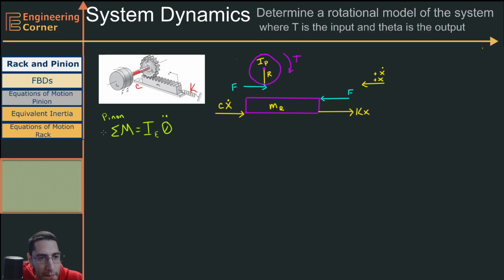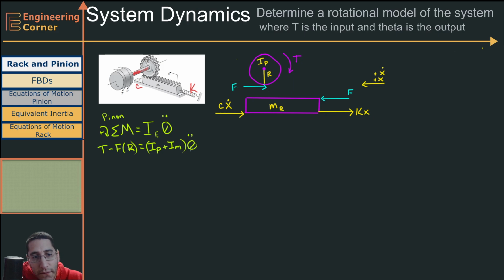And what's my moment? Let's say this is going to be some torque of T, and then minus F times whatever that radius, r, is, is going to be equal to my equivalent inertia, which is IP plus IM, times my angular acceleration.